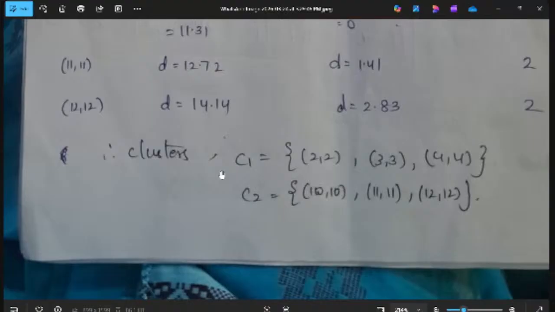Step 3: calculate new centroids. Cluster 1 centroid equals... What are the cluster 1 points? (2, 2), (3, 3), (4, 4). So C1 equals (2 plus 3 plus 4) by 3.